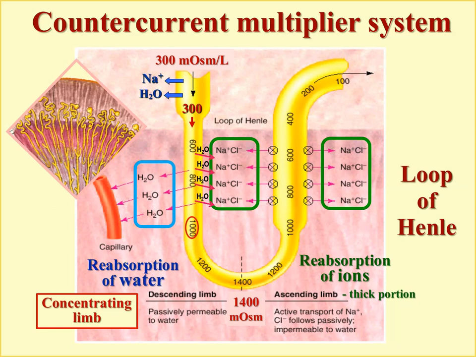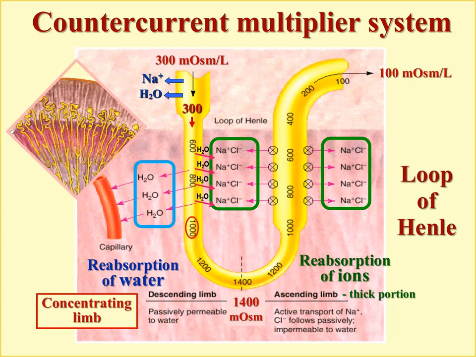And even if not all of these portions of the loop, only the ascending parts, the thick ascending portions, produce constant reabsorption of sodium, potassium and chlorine, anyway, the whole interstitium becomes hypertonic. And therefore, in each descending limb, water readily goes out of the lumen.